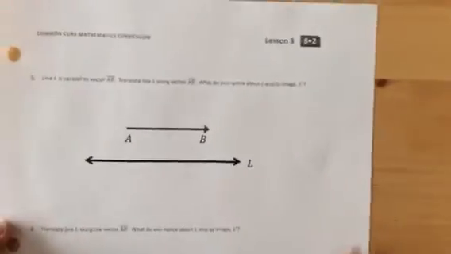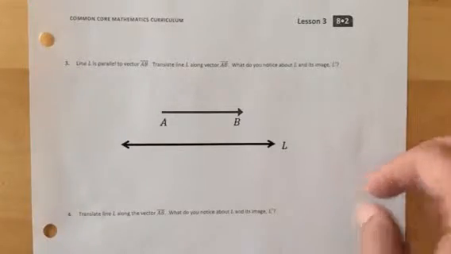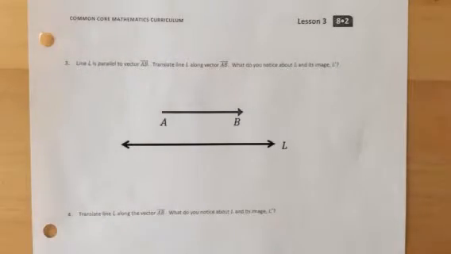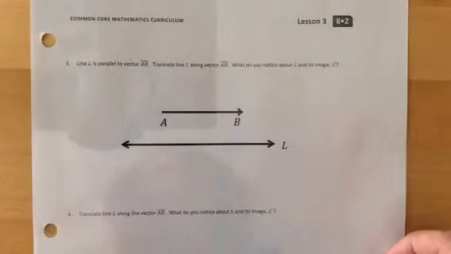Okay, so let's look at exercise 3 now. So in exercise 3 is a different case. So here we're going to translate line L, but vector AB is not on the line, but it is parallel to the line.